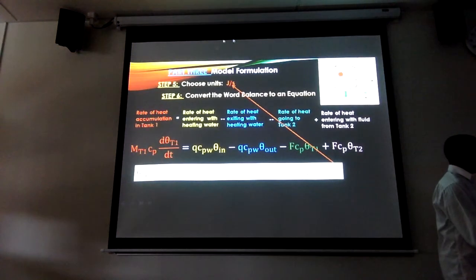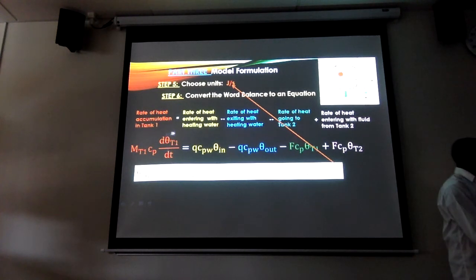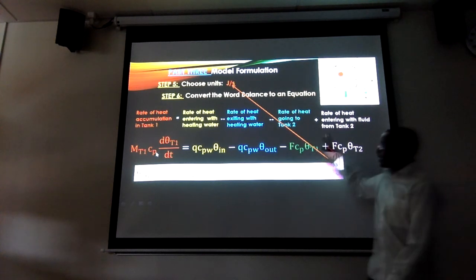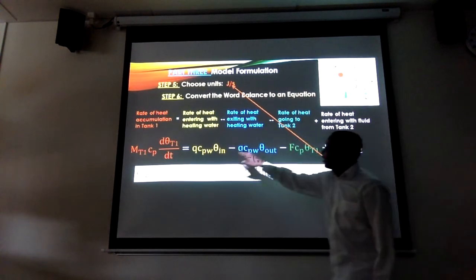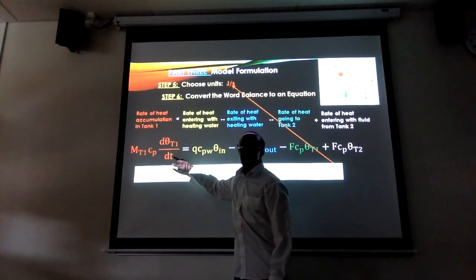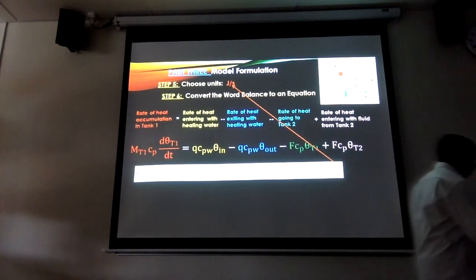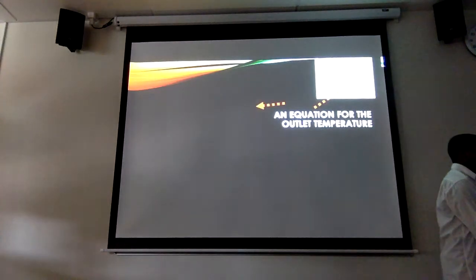So we do a word balance like this, except this term here is 0, because this is a steady state problem. This was an unsteady state, where the temperature is changing with time, but the next one is not changing with time.